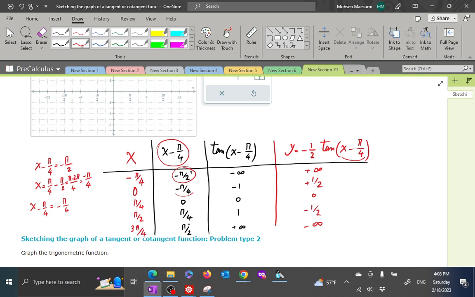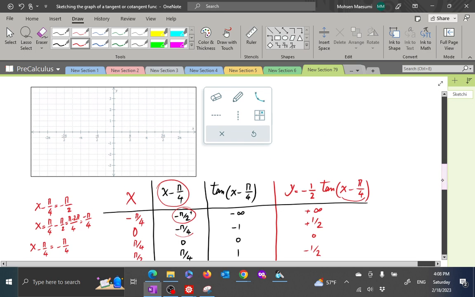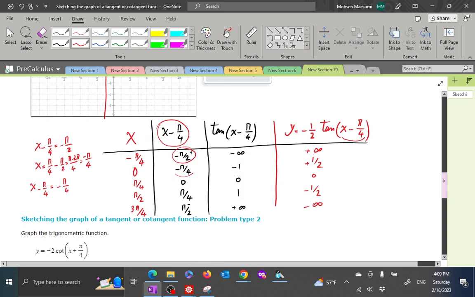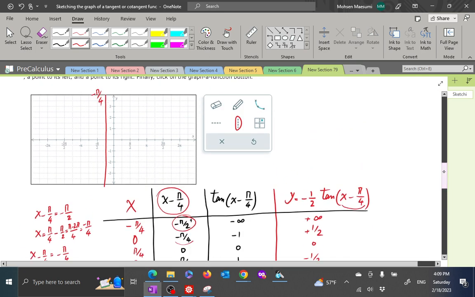So our asymptotes are from minus pi over 4, so I'll draw one asymptote here at minus pi over 4. The final asymptote is at 3 pi over 4, which will be here.